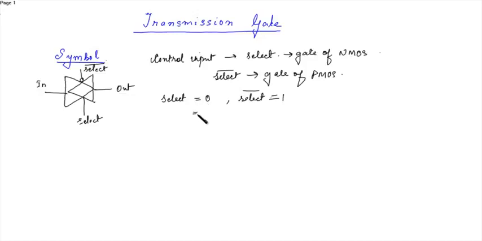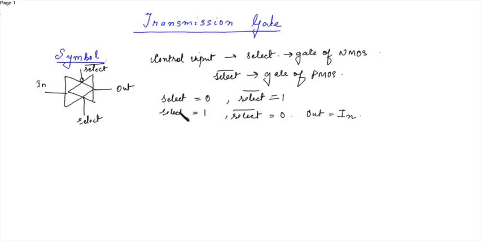When select is equal to 1, then the select bar will be 0. So both the transistors will turn on and the input will be available at the output. So out will be equal to in.